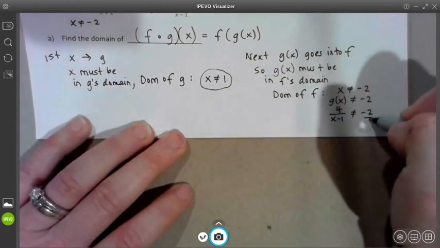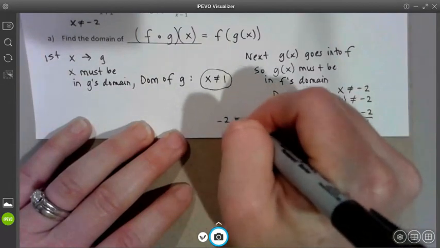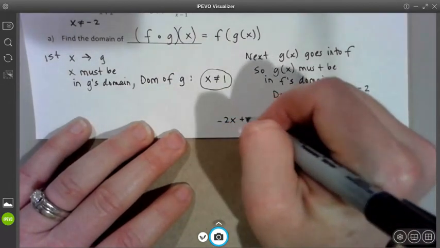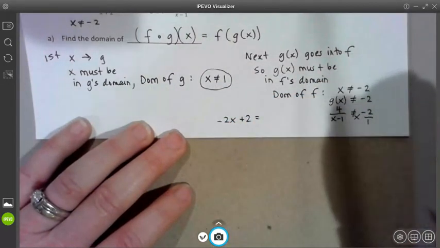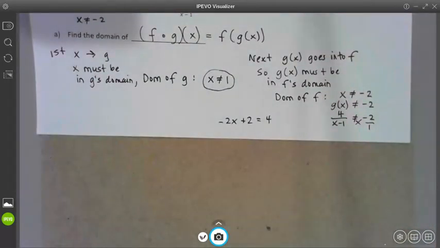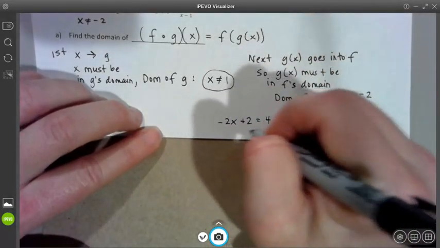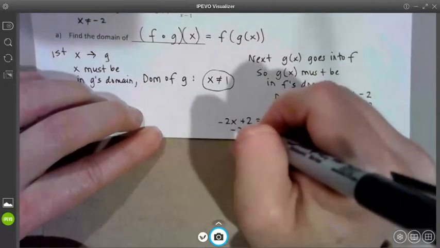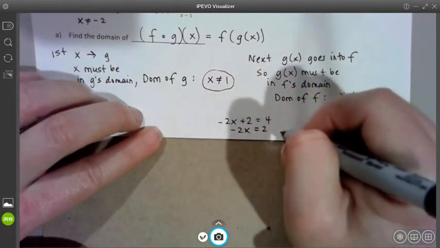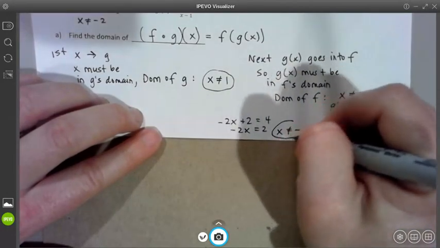So I would just think of this as a cross multiply. Put this over 1 and cross multiply. -2 times this is -2x plus 2 equals 4 times 1 is 4. And then solve this for x, because that's the number that we then don't want coming out of g of x. Or function g, I should say. So then we would get -2x equals 2, and x cannot be -1.